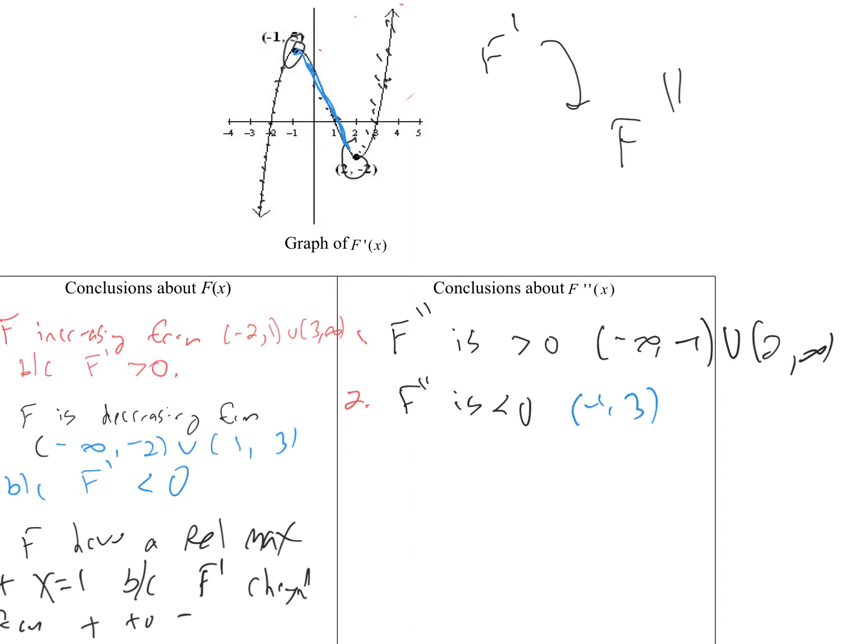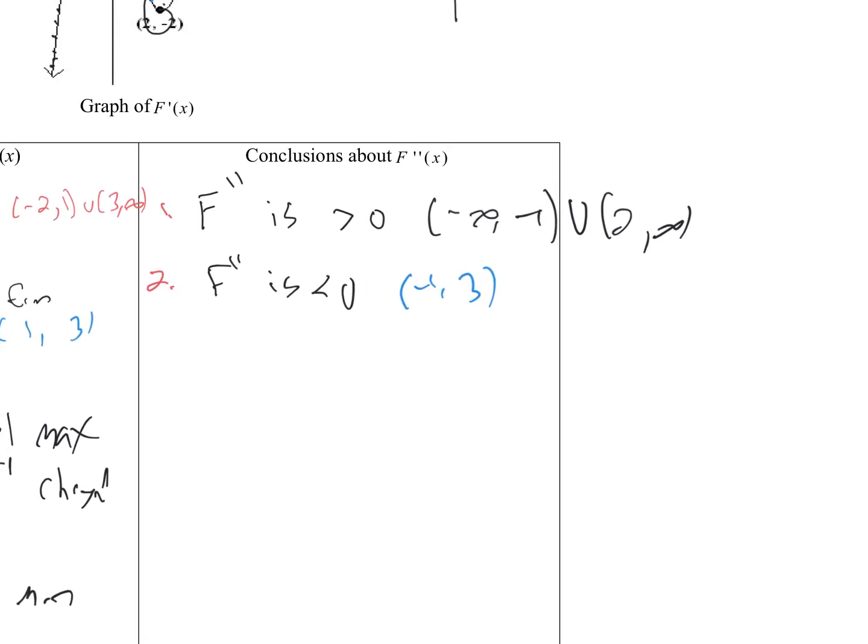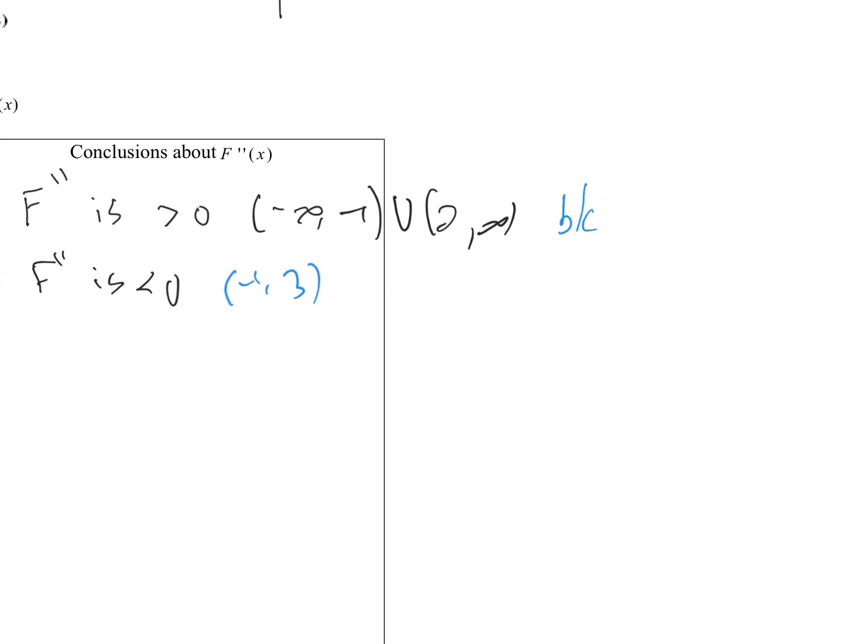Because, and I should have put my becauses here. Why is it greater than 0? Well, because f prime is increasing, and less than 0 because f prime is decreasing.